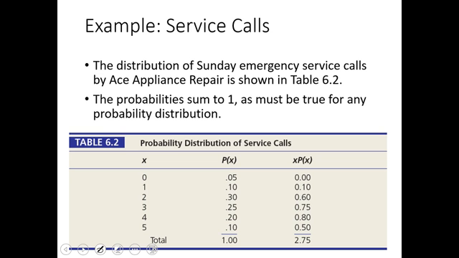For example, the distribution of Sunday emergency service calls at an appliance repair shop is shown by this table. The probability that there is no service call on Sunday is 5%.